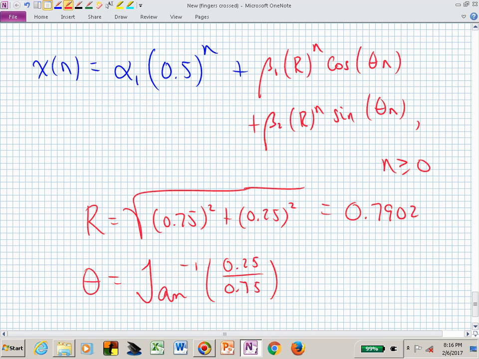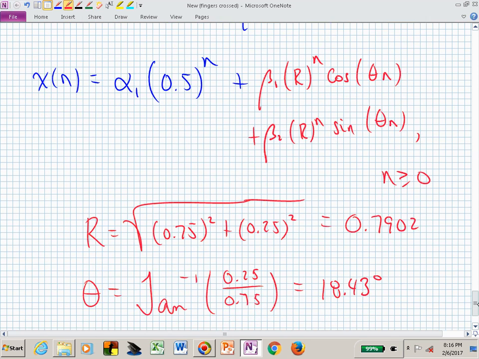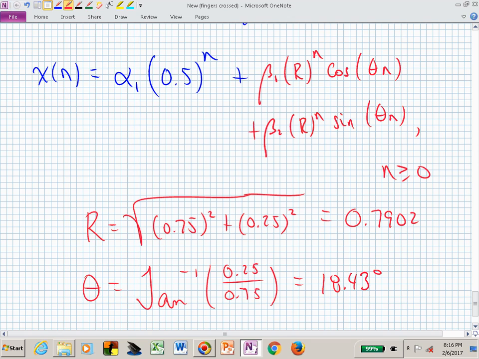And that ends up being, in degrees, 18.43 degrees. You can tell a lot by just looking at the transfer function or the expression for capital X of z. Question?